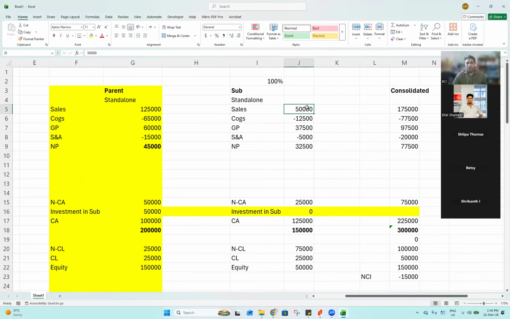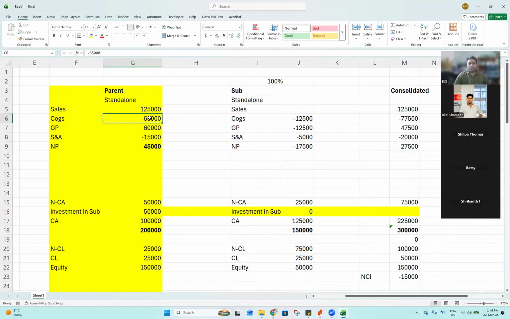All the purchases, 100% purchase from this subsidiary, were done by the parent company. Now, in that case, we have to eliminate this particular purchase. Clear? Got it? Now, when you eliminate this particular purchase, what happens?